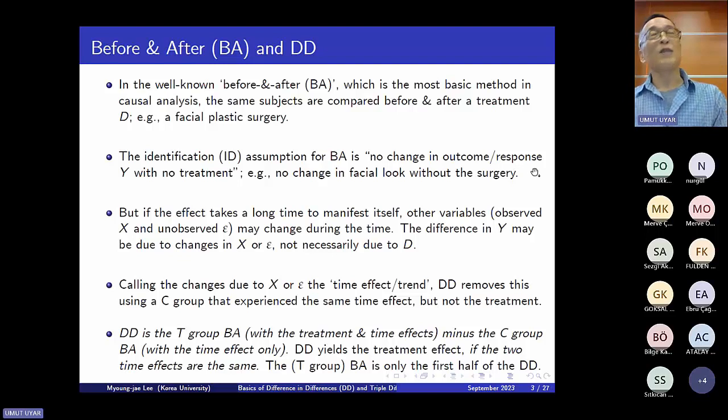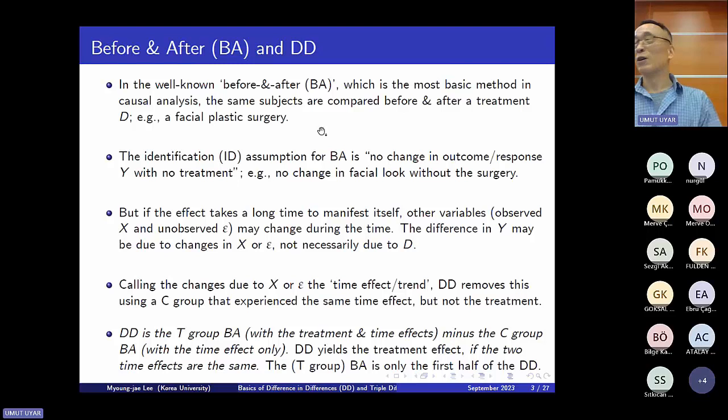In a way, DD is a generalization of before and after, BA, which is probably the most basic causal analysis method. In BA, the same subjects are compared before and after treatment. Facial plastic surgery is probably the best example.